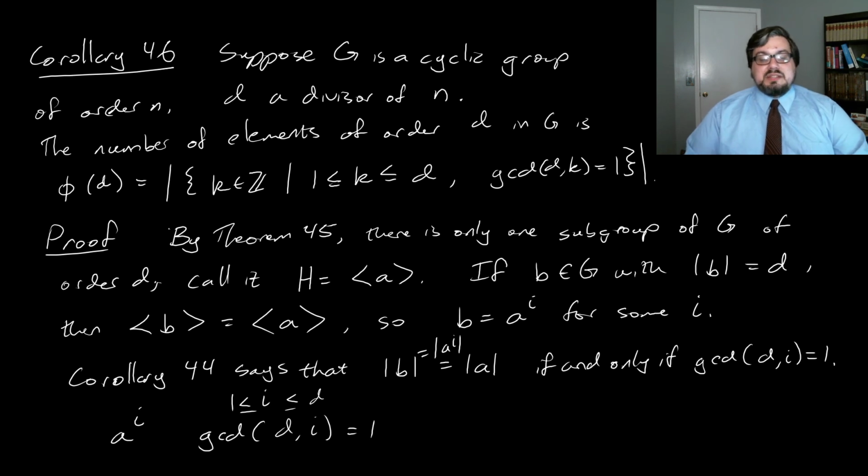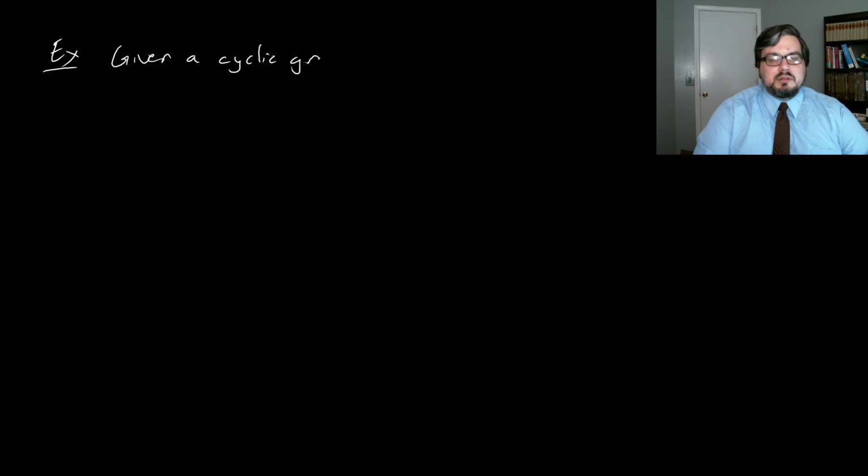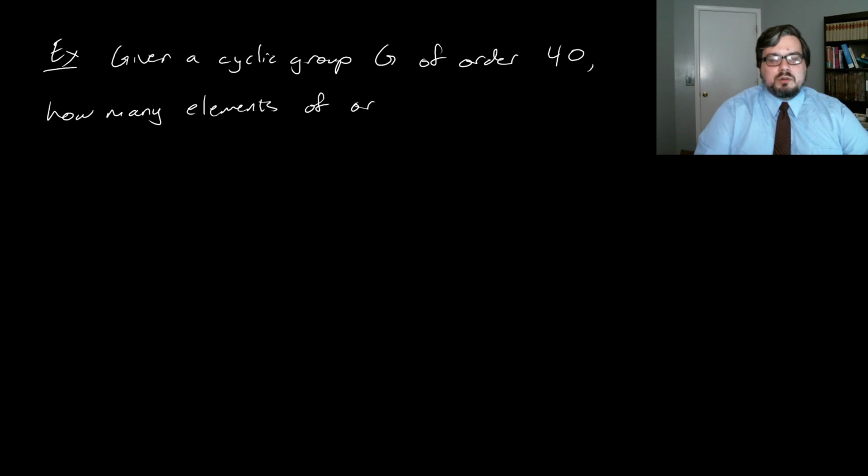So we can use this to say how many elements of a given order a cyclic group has. So for example, we might ask, given a cyclic group G of order 40, how many elements of order 8 are there?